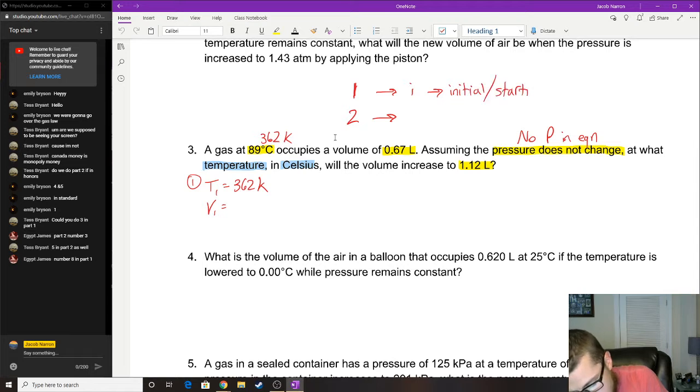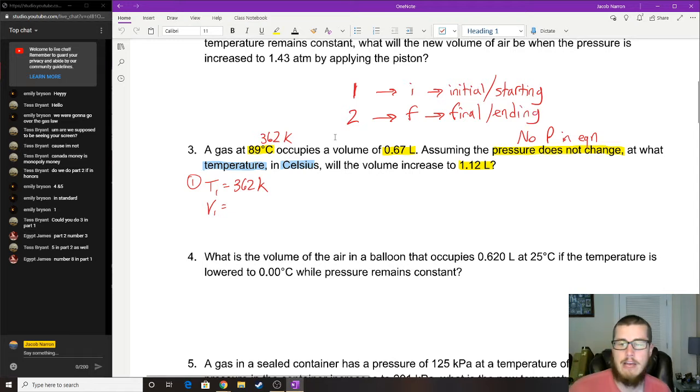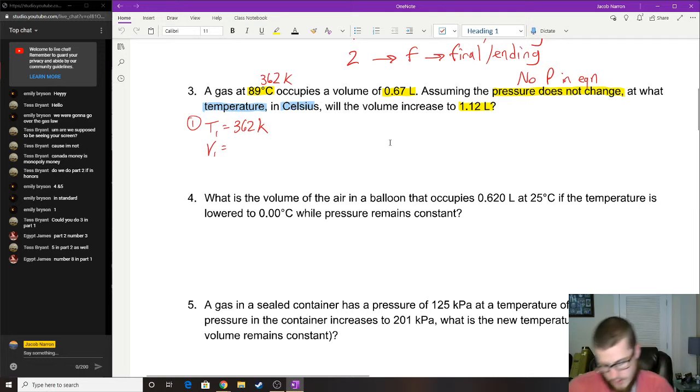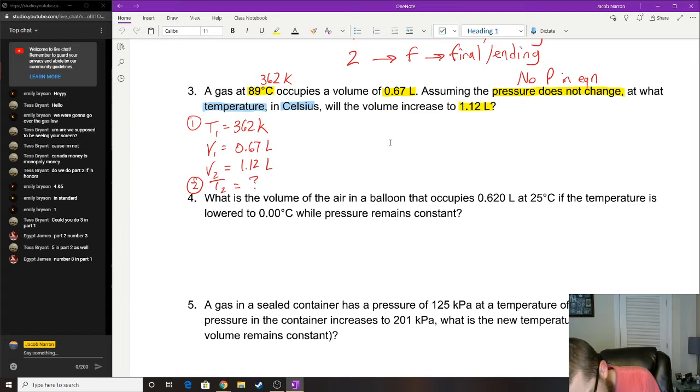And then 2, I think of it as F, the final or ending value. So you think about it however you want. So V1, they gave us 0.67 liters is what we started with. New volume, V2, is going to be 1.12 liters. And step number 2, what am I looking for? Well, I know I'm looking for T2, and I really want to have it in degrees Celsius.